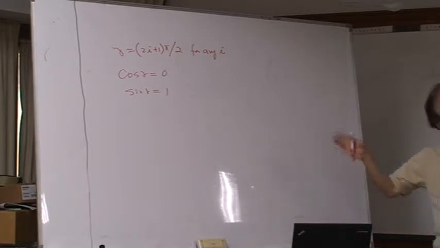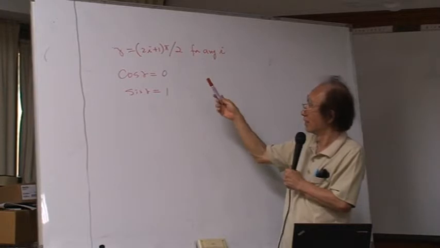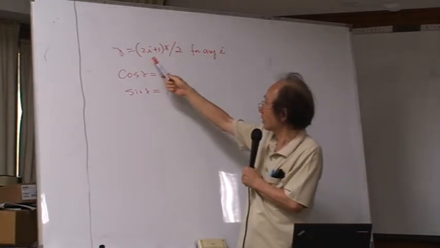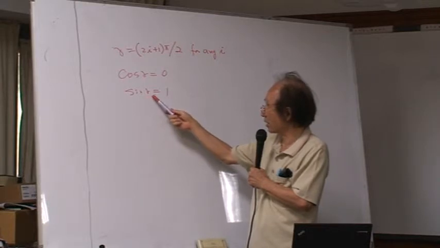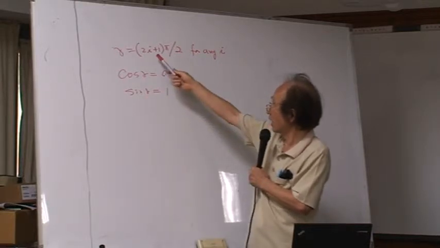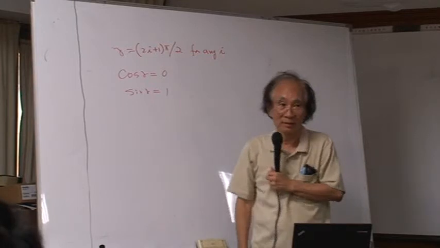Don't just keep copying what I write here. When i equals 0, this is pi over 2, cosine pi over 2 equals 0, sine pi over 2 equals 1. When i equals 1, then that's 5 pi over 2. It's the same thing.